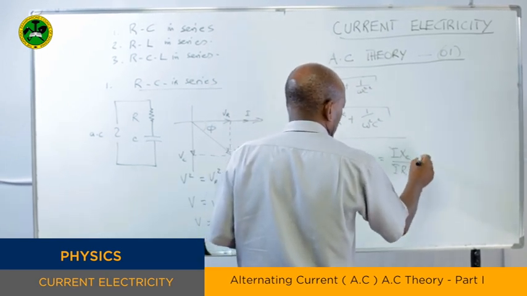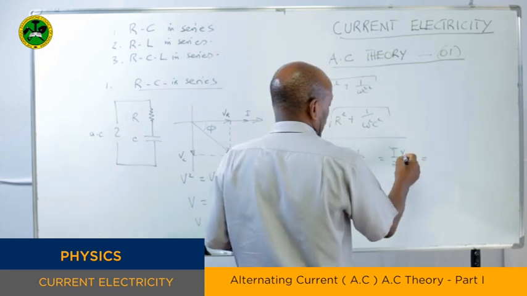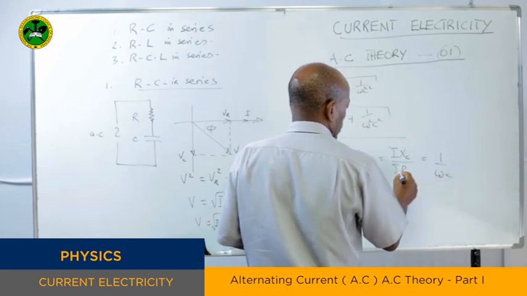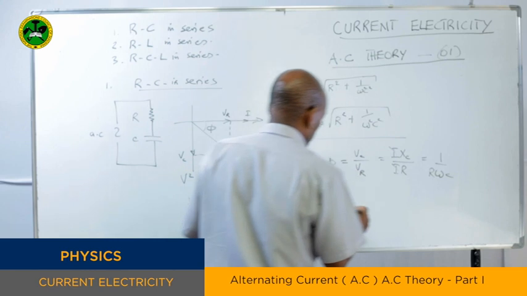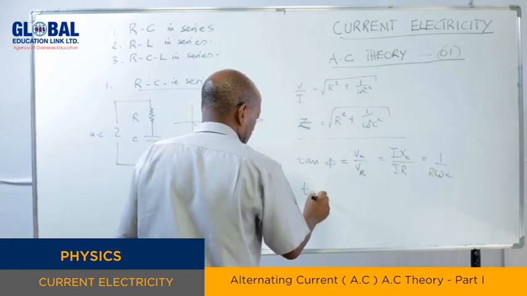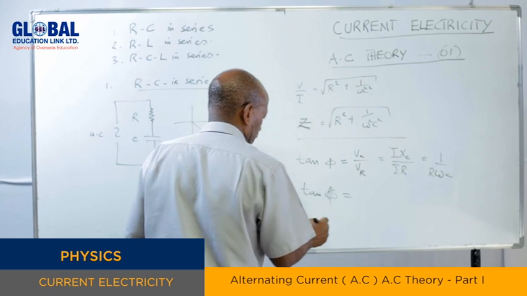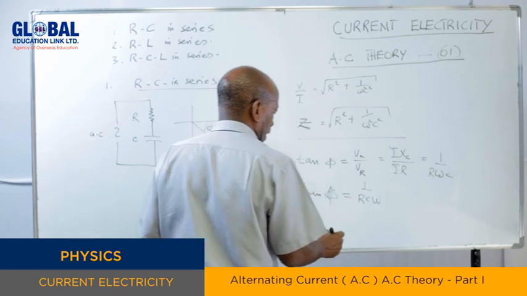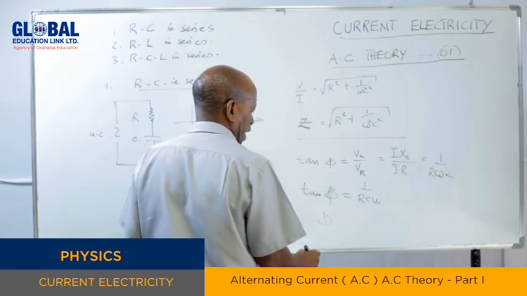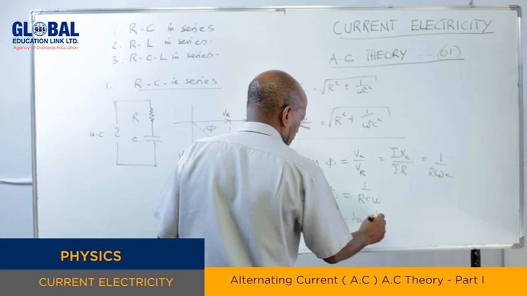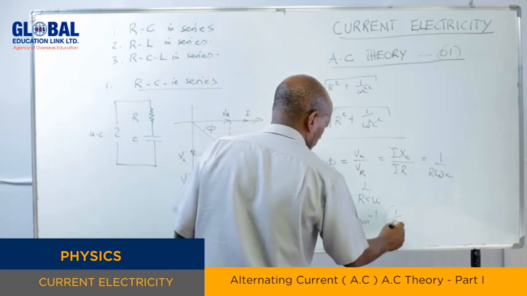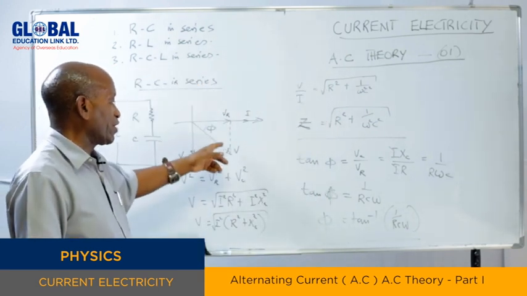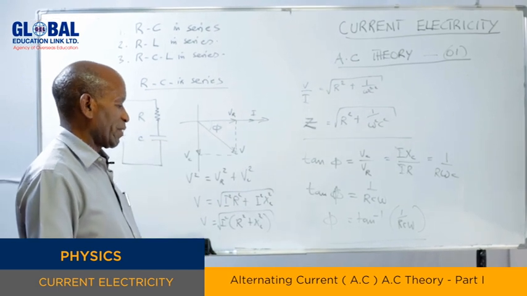So the current will cancel, and the capacitive reactance will just be equal to 1 over omega C. So we divide by R, and you will find that tan phi here will be equal to 1 over RC times omega, and therefore we can determine phi, which will be taken as the tan inverse of 1 over RC times omega. So you can obtain the angle at which the applied voltage V is acting.